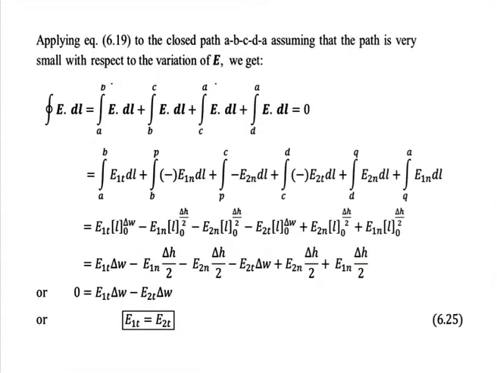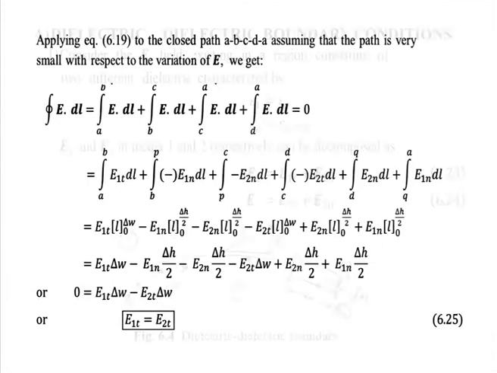Next we apply equation 6.19, that is Maxwell's equation, line integral E·dl is equal to 0, to the closed path ABCDA, assuming that the path is very small with respect to the variation of E, and we get E·dl from A to B plus E·dl from B to C plus E·dl from C to D plus E·dl from D to A, which is equal to 0.